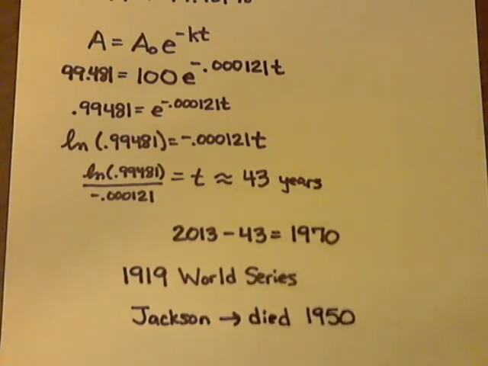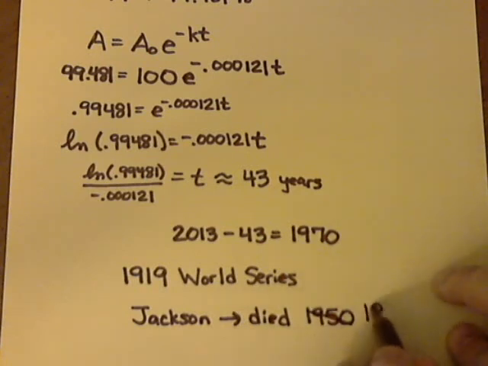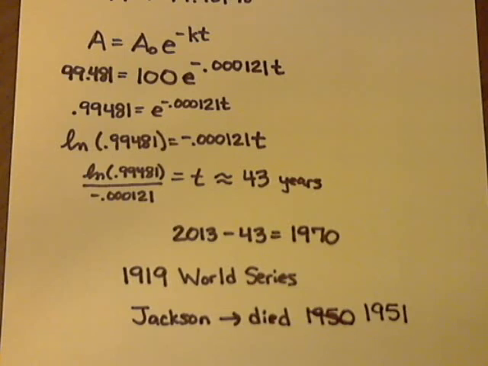So again, this bat was made well after Shoeless Joe Jackson would have died. I'm sorry, died in 1951. Had to do a quick Google search there. But at any rate, that was long before this tree would have been cut down to make the bat. So by using the carbon-14 dating problems, we can tell that this bat was definitely not signed by Joe Jackson and not used in the World Series.